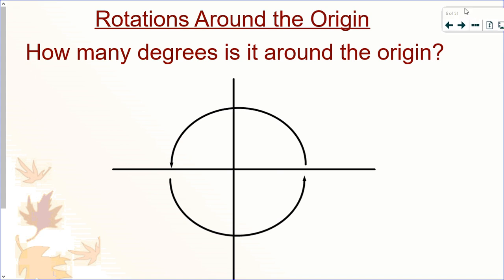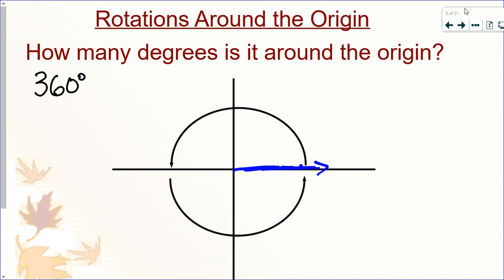So we already talked about today that it is 360 degrees to go around the origin. So as you travel from your initial ray, which is again the positive x-axis, and we did this a little bit in the investigation, we can travel in the positive direction.